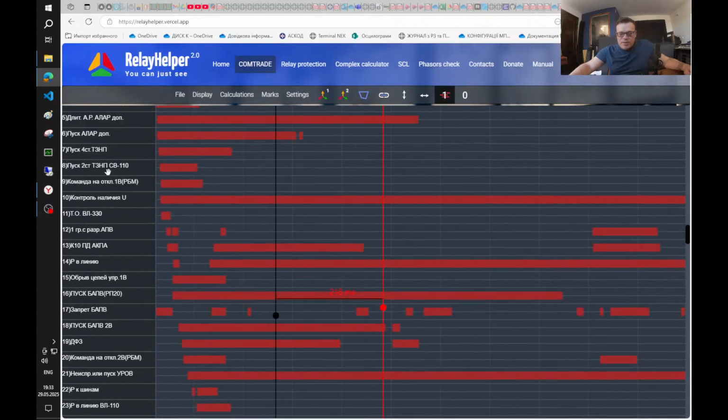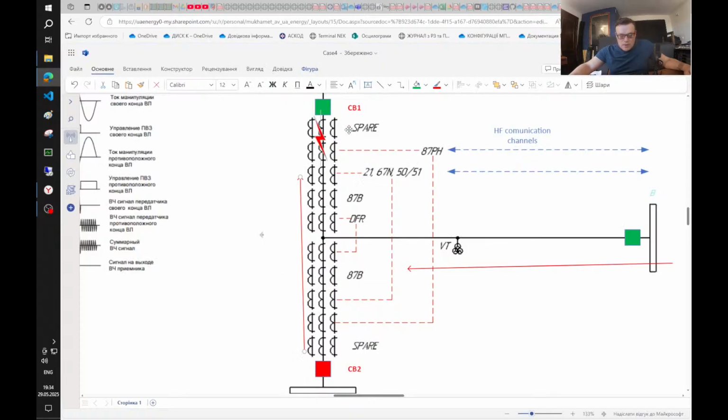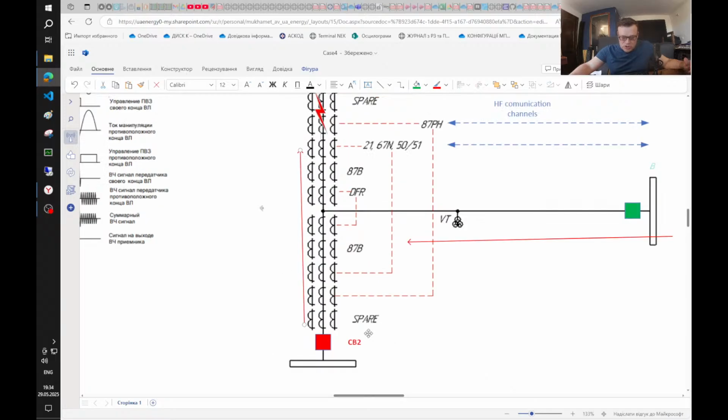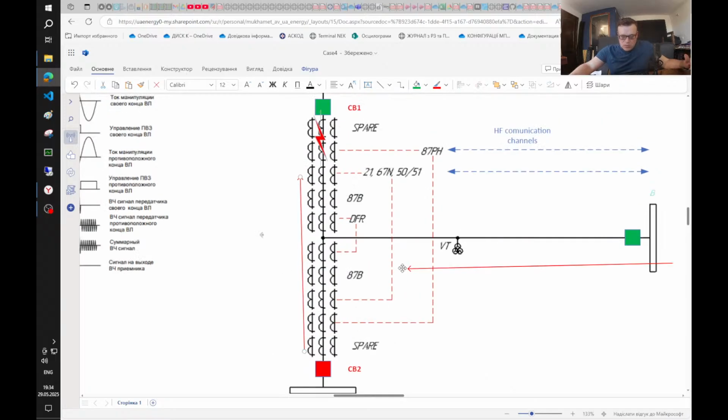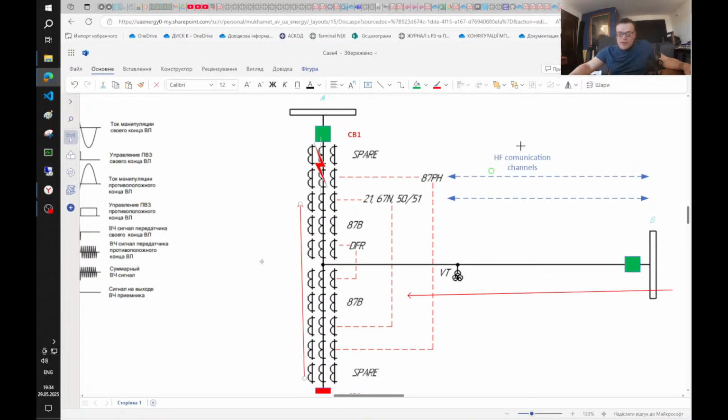But what happened next? For line protections, this short circuit is behind the zone. For this busbar protection, it is also behind the zone, but in that case, this busbar protection worked, and it also started the breaker failure protection of the line.